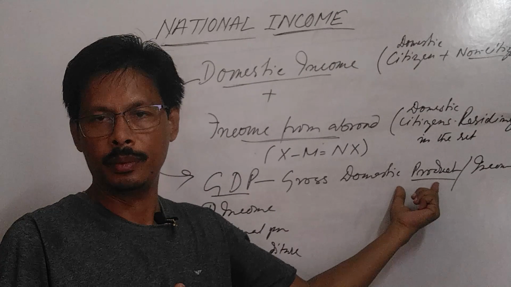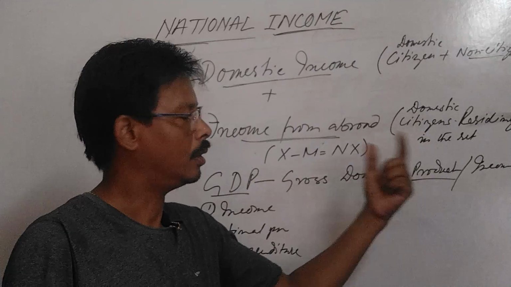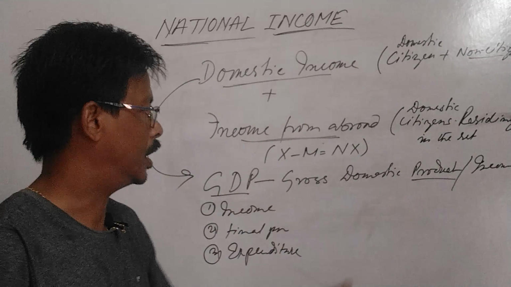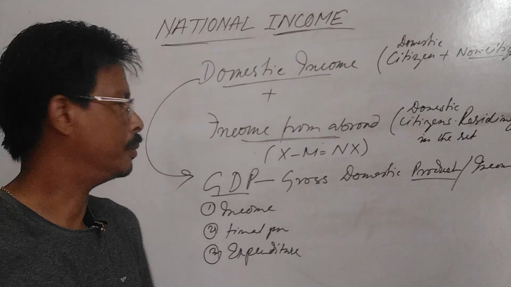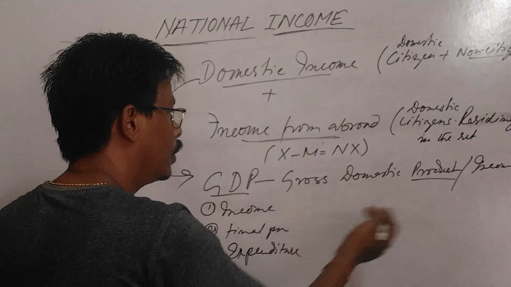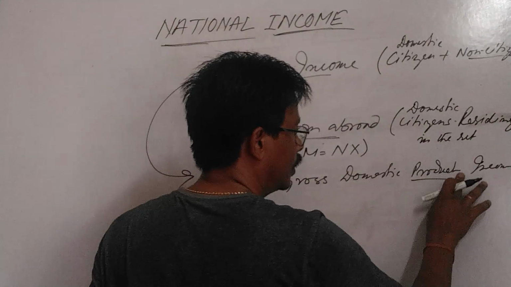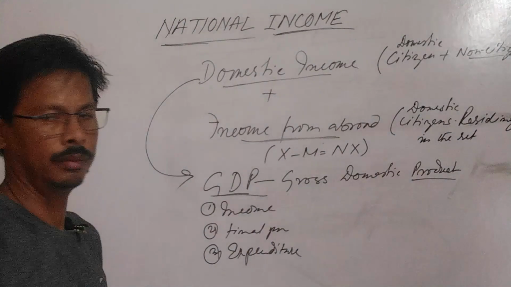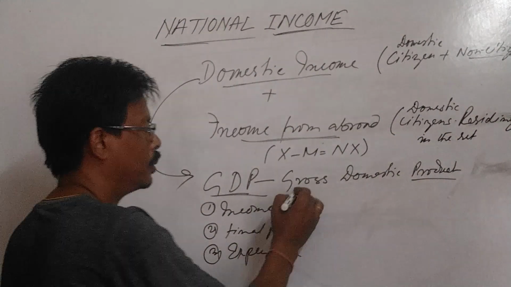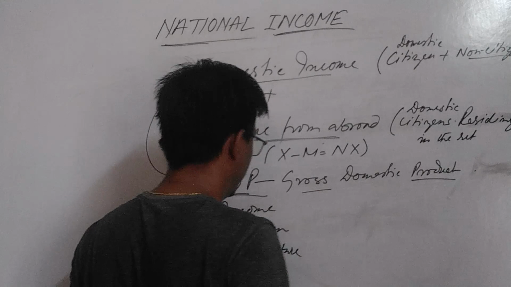Whatever goods and services are produced, their values are taken in terms of money. So before calculating it in money terms, first we have to calculate the units produced. So in that context, we say gross domestic product instead of income.